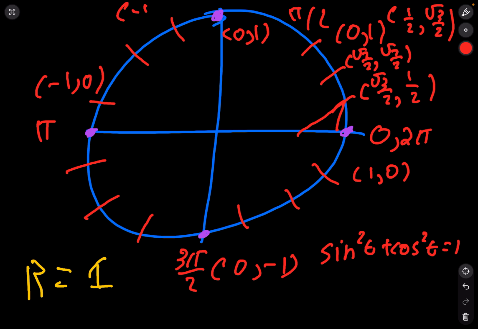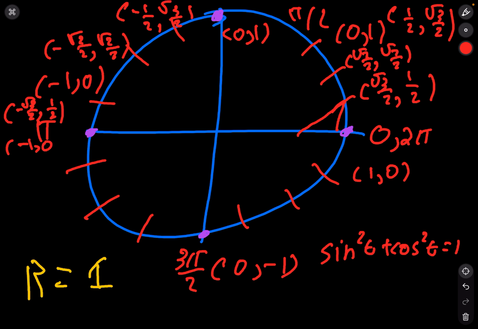So from here, the respective points for each of these radians or degrees are as follows. For pi 6, it's root 3 over 2, 1 half. For pi 4, it would be root 2 over 2, and then root 2 over 2. For pi third, it would be the opposite of pi 6. And then from here, you already know it's 0, 1.